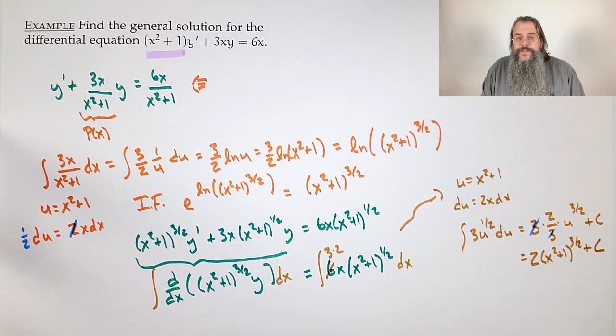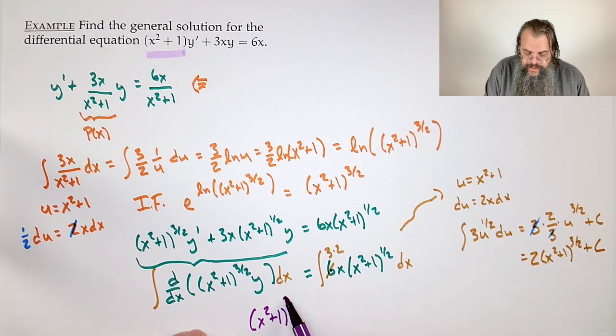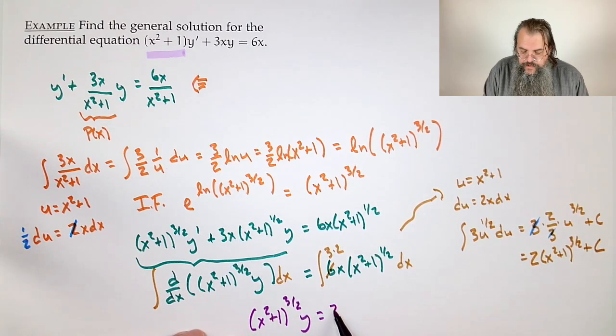Okay, so let's see what we have now at this stage. We can say the following, that namely, (x squared plus 1) to the 3/2 times y, that's the integral on the left, is equal to 2 times (x squared plus 1) to the 3/2 plus c.